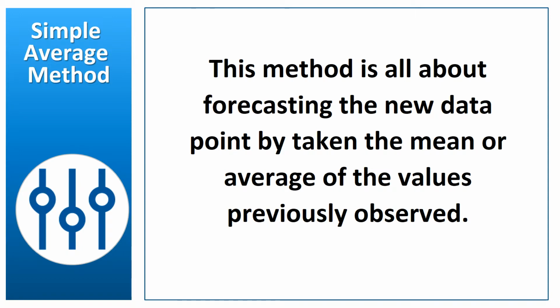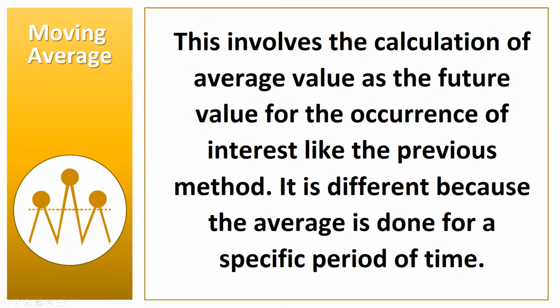The next one on our list is the moving average. This is similar but different from the previous method. It's the same because it involves the calculation and usage of the average value, the mean value, as the future value for the occurrence of interest. It is different because the average is done for a specific period of time, unlike the simple average method.